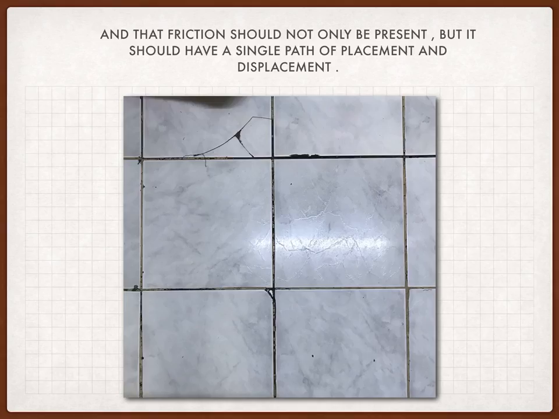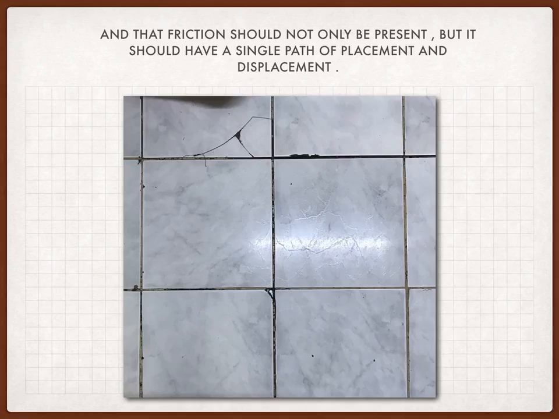But if we make another path for the movement of the tile other than the vertical path, because what we have said before is that the tile cannot be displaced vertically. But what if we make a path other than the vertical path, and that is because of the fracture?